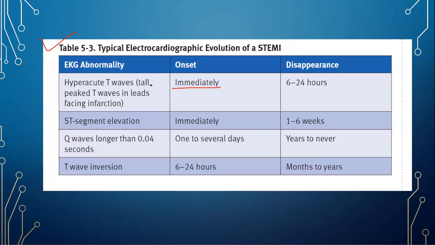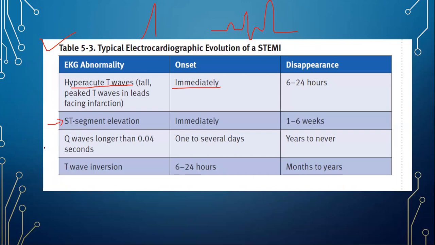Remember, immediately what happens is a hyperacute T wave. So there will be PQRS, then this is called a hyperacute T wave, that means a tall peaked T wave. Then after the hyperacute T wave, you have ST segment elevation.